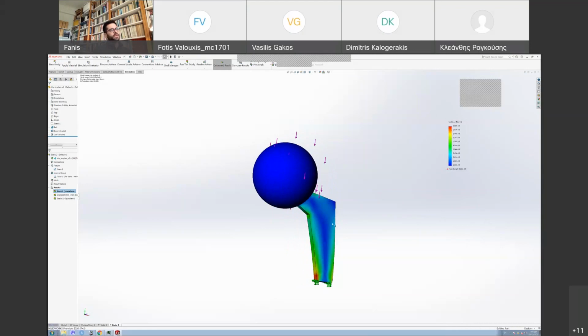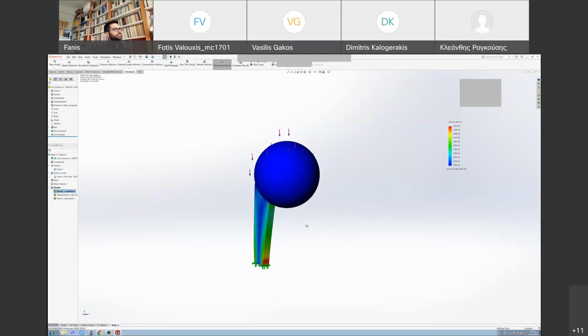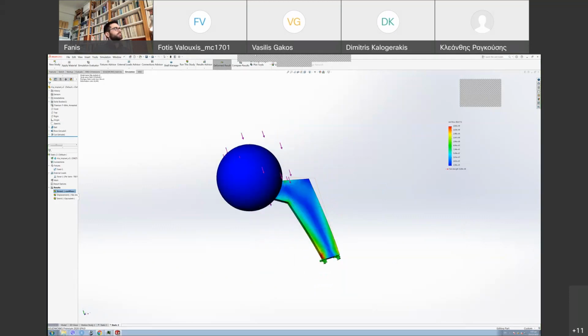So for example, here for one loading, it will definitely have no problem. As we can see, we're not even close to the yield strength of this material, but for repeated loadings for 5 million cycles, it's interesting to see if it can withstand or if it can't. So this is pretty much it.